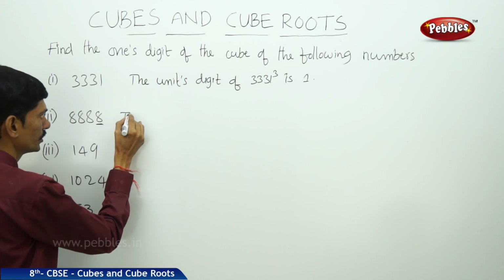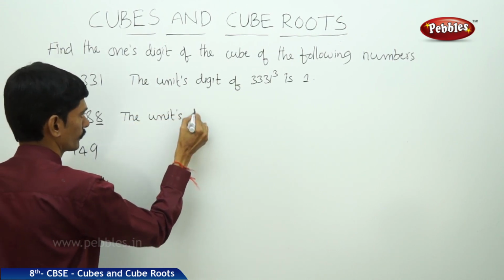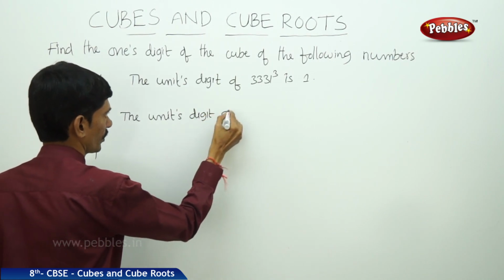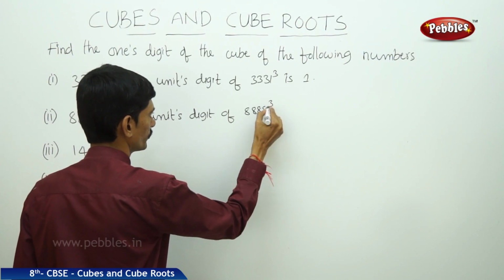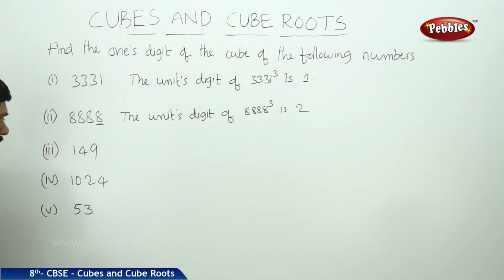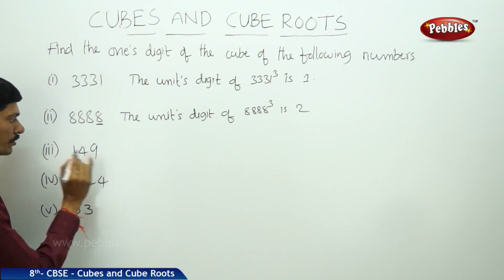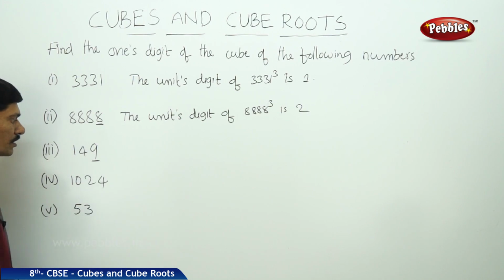So the units digit of 8888 cube is 2. Next, we should find the units digit of 149 cube. Then what is the units digit of the given number? It is 9.